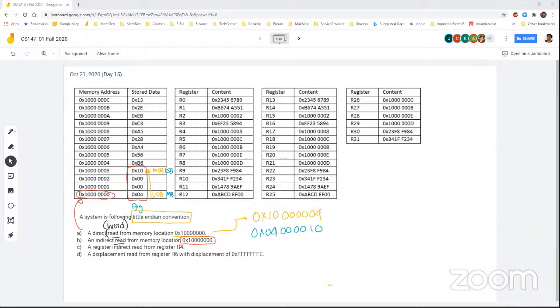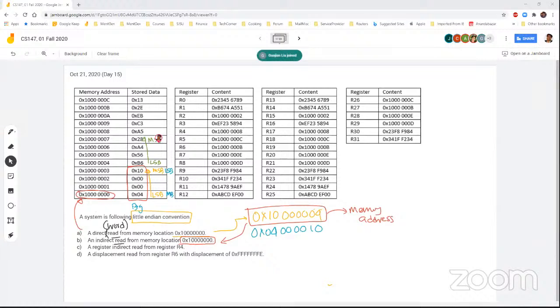We read this value and then use it as a memory address, and my data becomes these four bytes. This is my LSB, and this is my MSB.